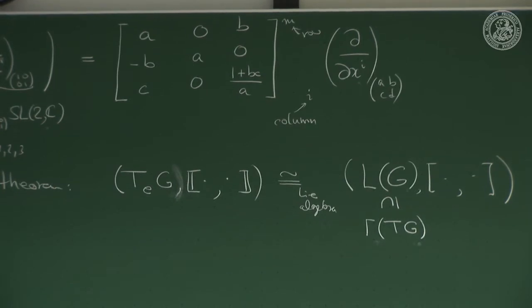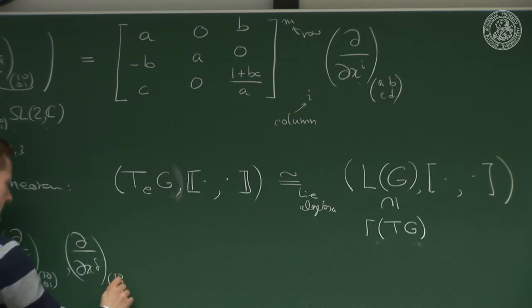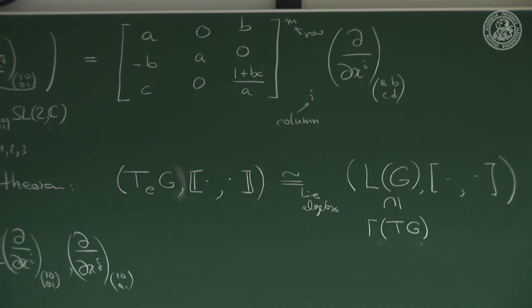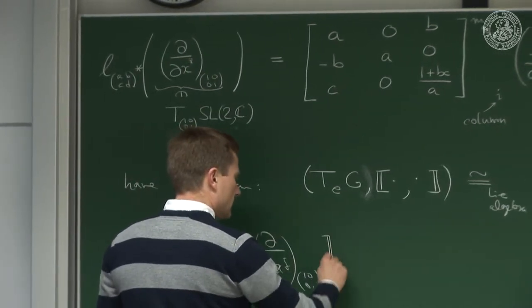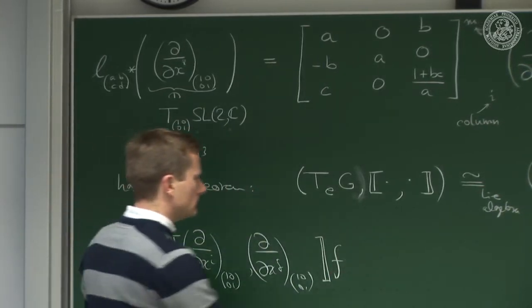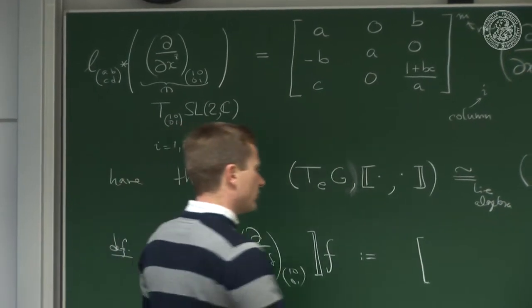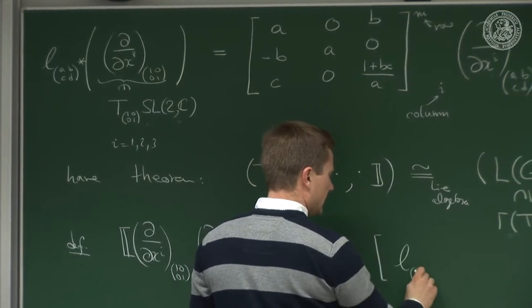And so, of course, how that works in this context is that we define the bracket here, d by dxi, which is supposed to be a vector at the identity, and d by dxj, also a vector at the identity, with respect to, say, the first coordinate chart. And we define this bracket by its action on the function to be given by, now here we have the differential geometric Lie bracket as indicated above.